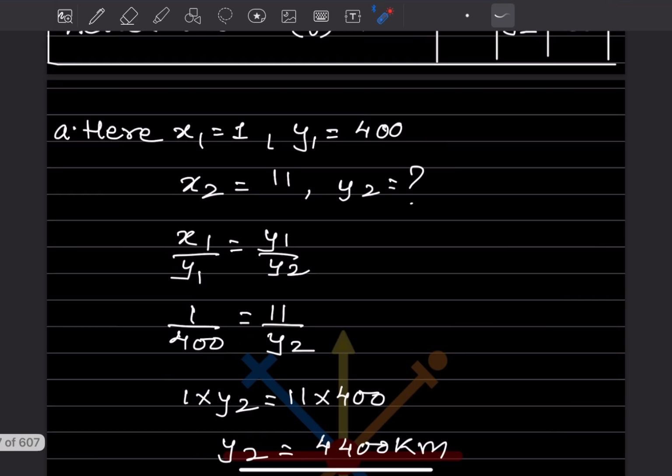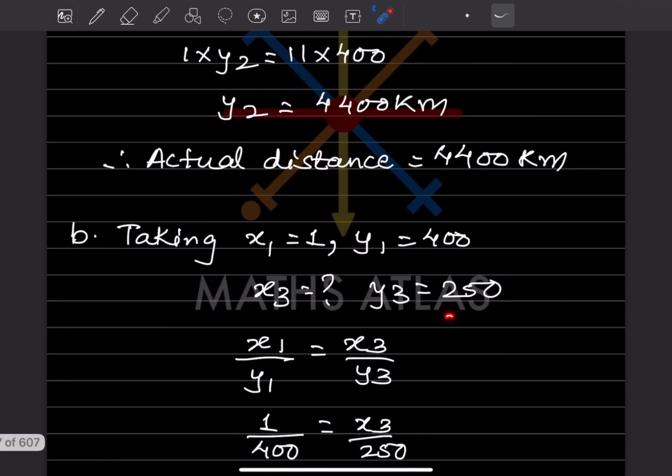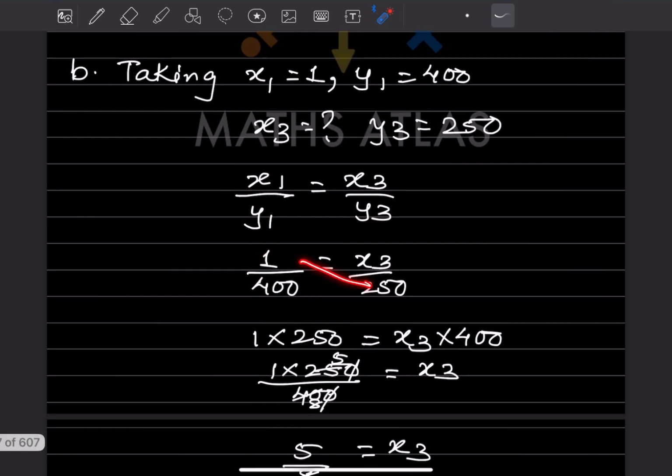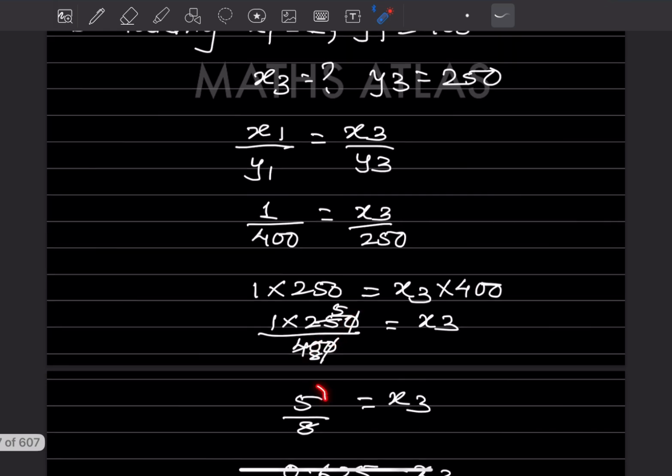So x1 is 1 and y1 is 400, x3 we don't know, and y3 is 250. So x1 by y1 is x3 by y3. Here again you will cross multiply. 1 into 250 is going to be x3 into 400. So 1 into 250 divided by 400 is x3. After simplifying, you get 5 by 8.